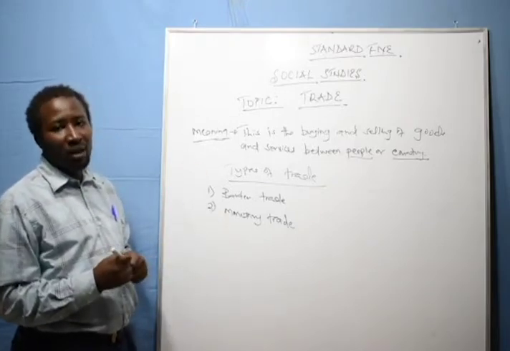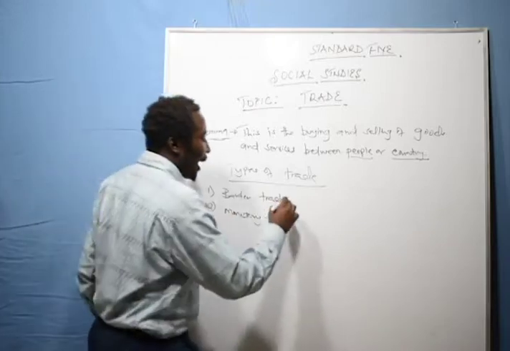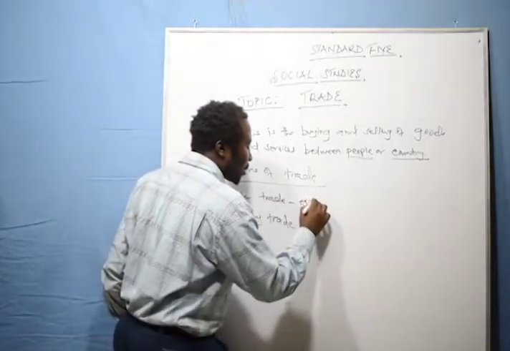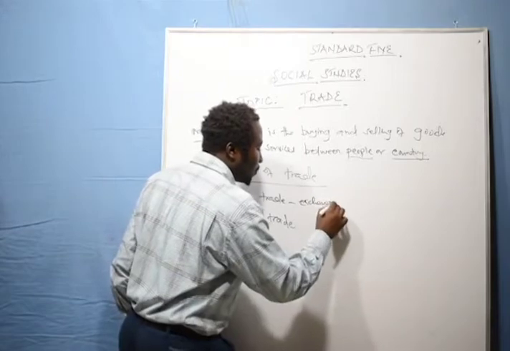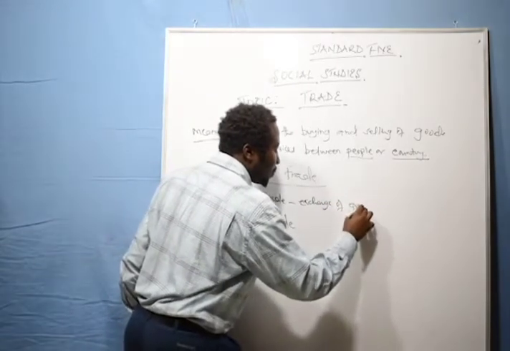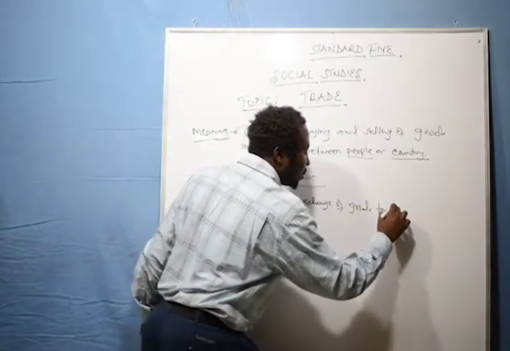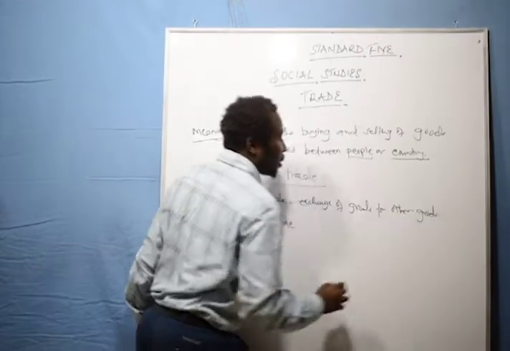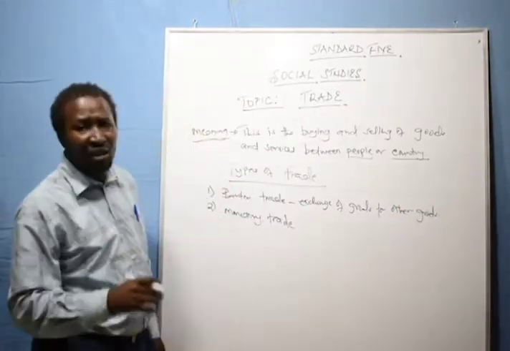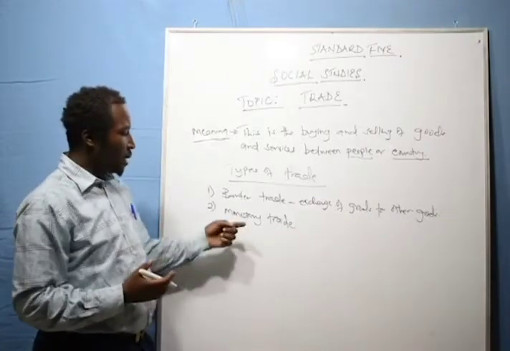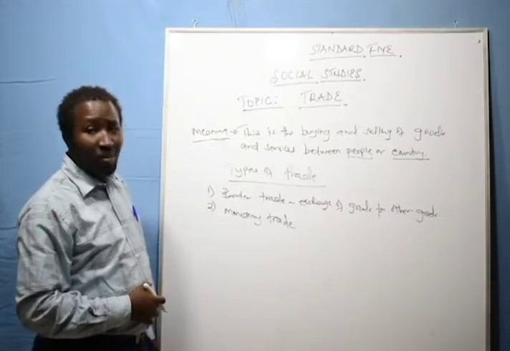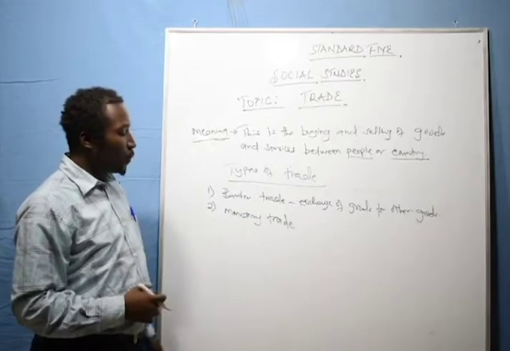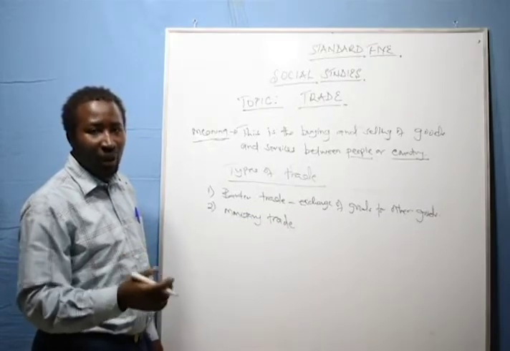Exchange of goods for other goods, okay? That is what we call barter trade. Exchange of goods for other goods was known as barter trade. We also have what we have as monetary trade.